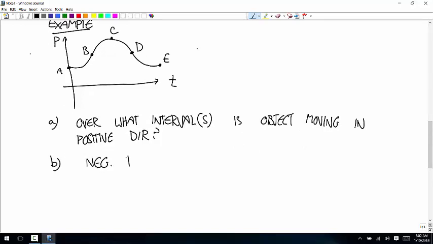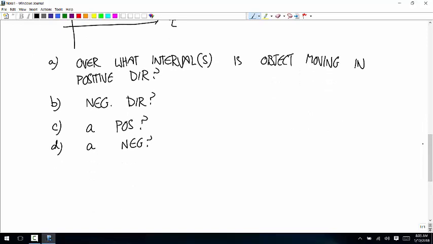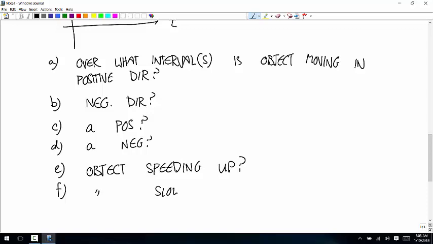Same question now, but negative direction. Over what intervals is the acceleration positive? The acceleration negative. When is the object speeding up? And when is the object slowing down?